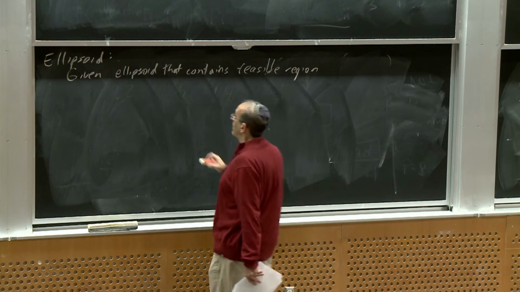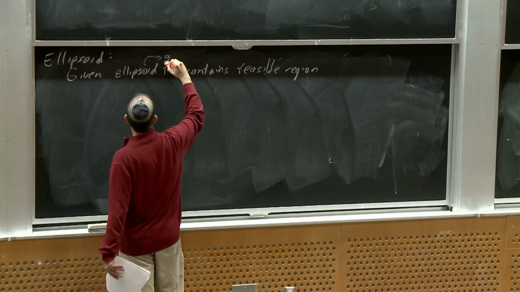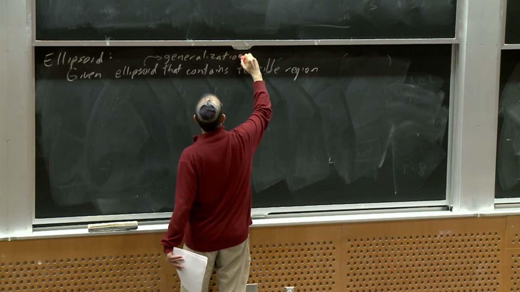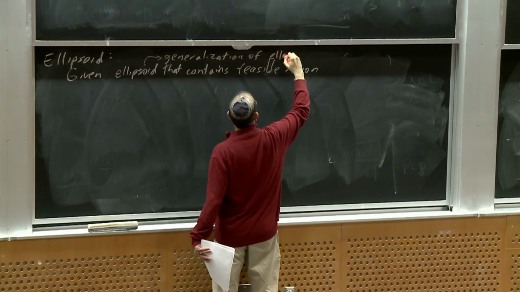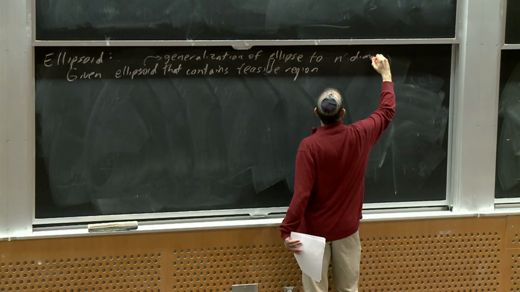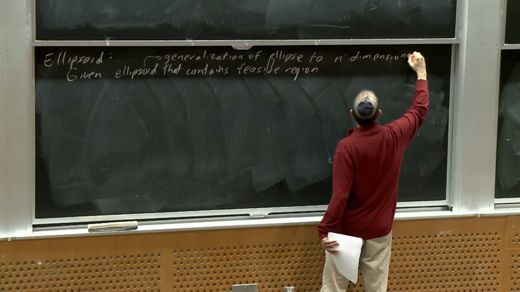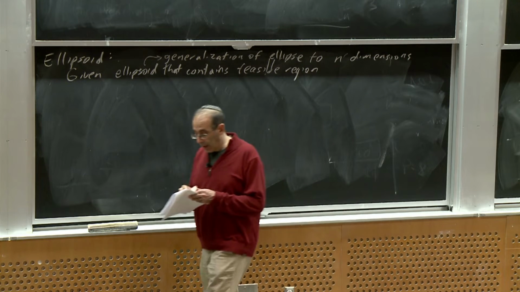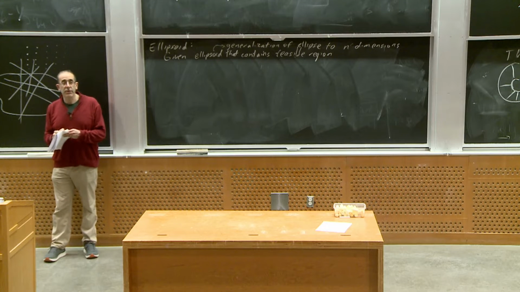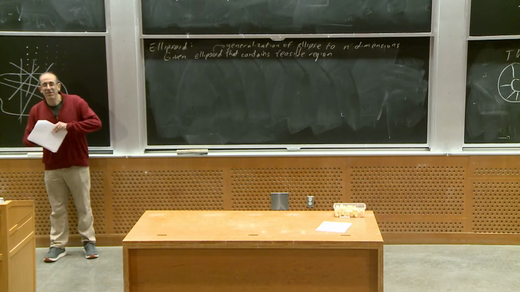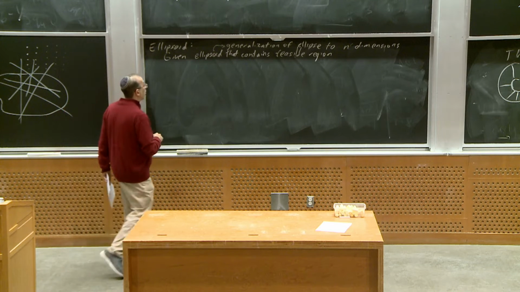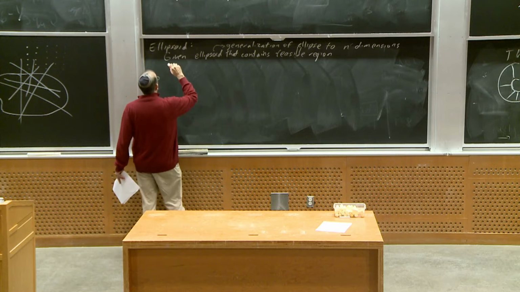An ellipsoid is just the generalization of an ellipse. Okay, and we'll do the math for it in a second. But basically, it's a sphere that's been stretched in different amounts in different directions. Okay, so you're given an ellipsoid that contains the feasible region.